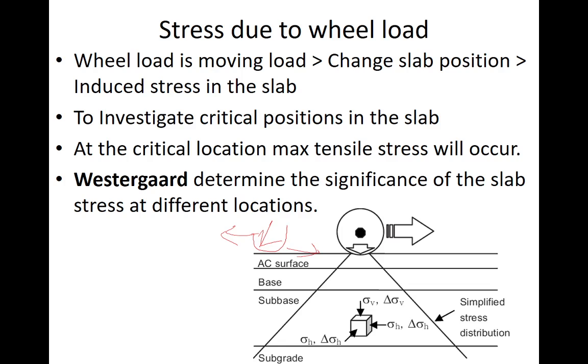So when the wheel moves, the location of the stresses also changes from place to place. In this lecture, we will try to understand whether it is possible to determine the stresses at the center, at the edge, at the slab corner. Is it possible? If yes, then how?